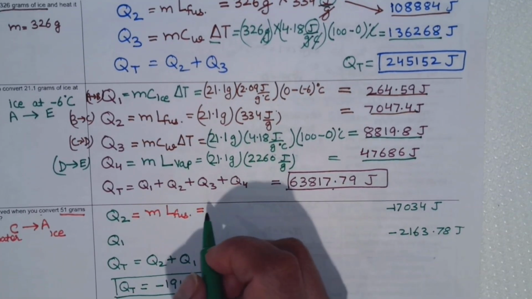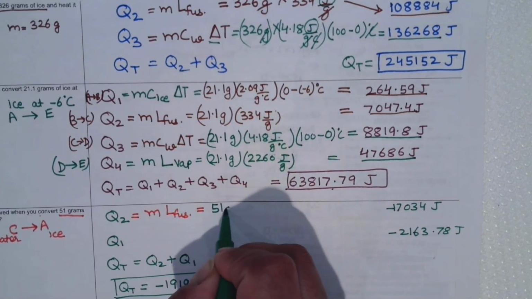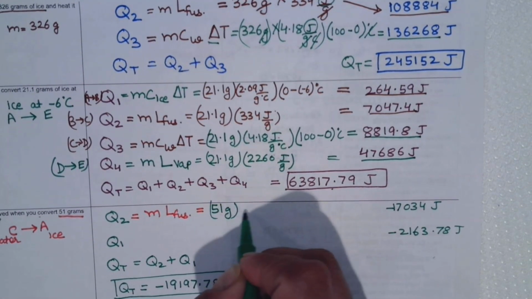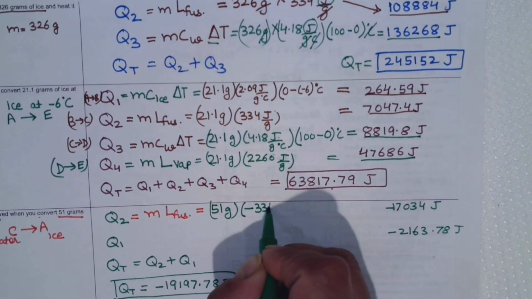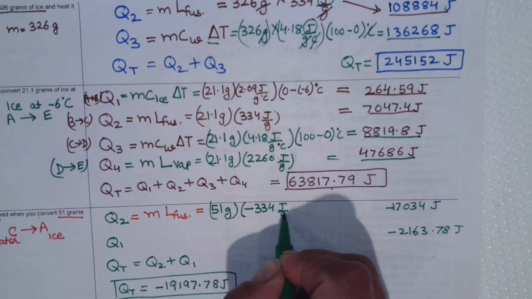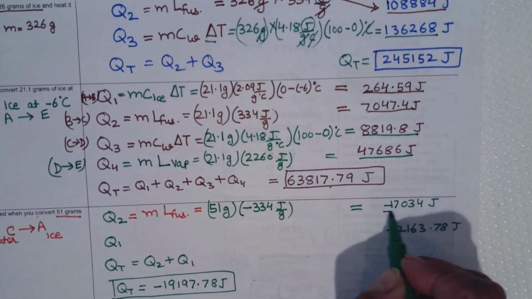Okay. So the mass is 51 grams and the latent heat of fusion would be negative 334 joules per gram. So when you solve this, you're going to get this number.